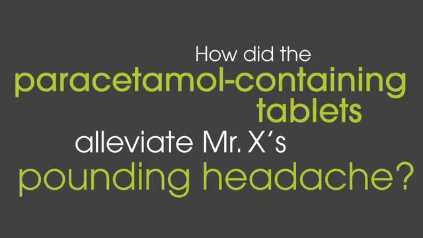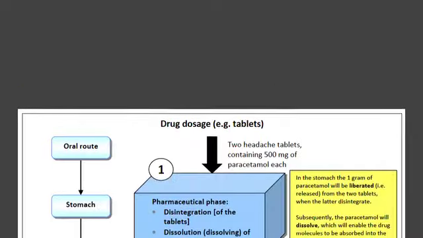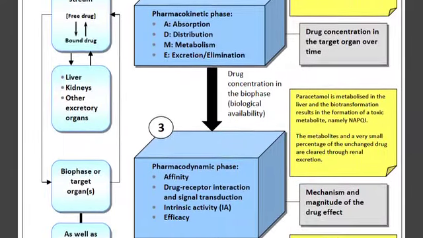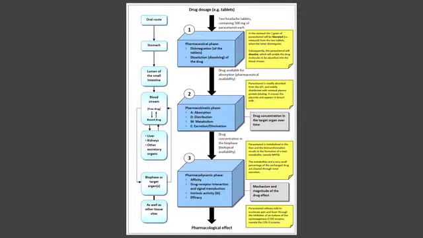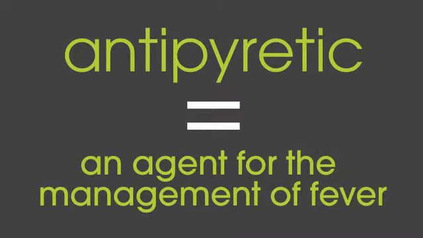How did the paracetamol-containing tablets alleviate Mr. X's pounding headache? Paracetamol is thought to act as an inhibitor of the COX-3 isoform of the cyclooxygenase, or COX, enzyme. This means that paracetamol is capable of alleviating mild to moderate pain. It is also effective as an antipyretic agent.